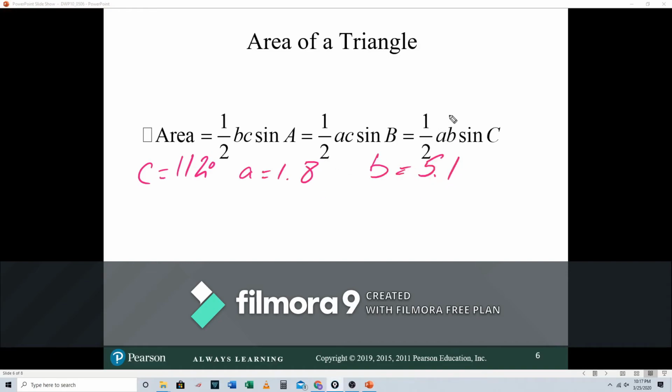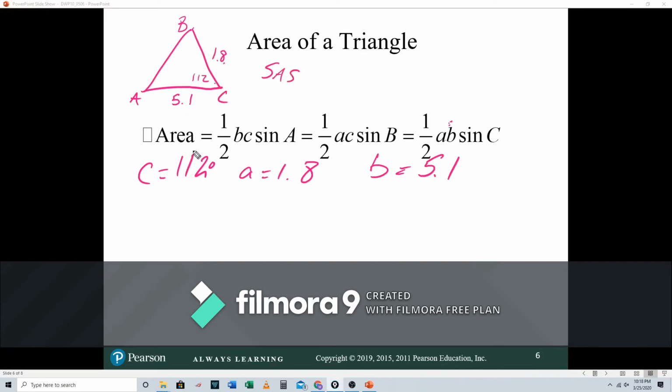So we're going to use this one. It really didn't matter as long as we have our triangle. Let's put it up here: triangle ABC, where this angle is 112, this side is 1.8, and this side is 5.1. So we have basically side angle side here.